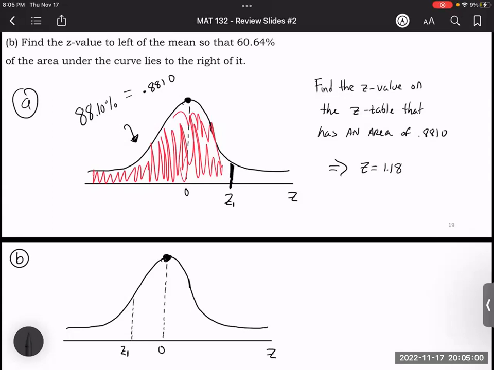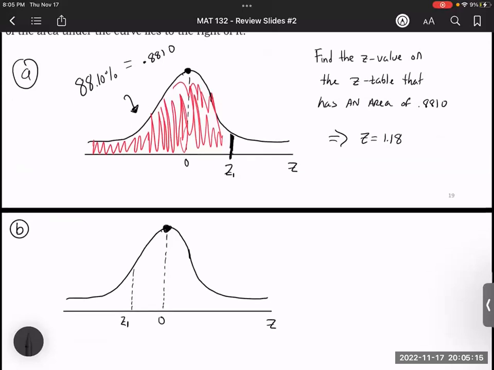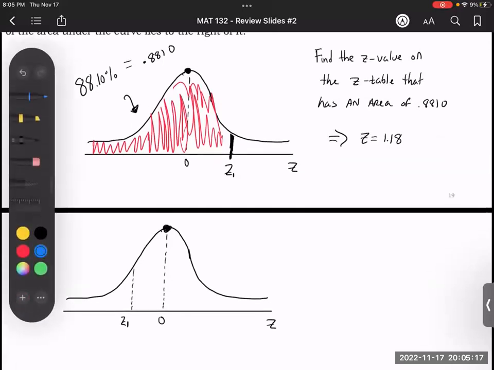All right. It states that the area under the curve, right? Find the Z value to the left of the mean so that 60.64% of that area under the curve lies to the right of it. So I have to shade to the right of our Z value.